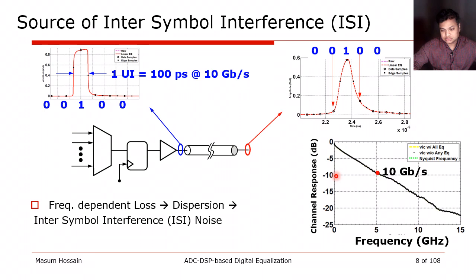In fact, if we try to send 10 gigabit per second data, we have to compensate about 10 dB loss at 5 gigahertz. First, we need to understand what this loss does to the transmitted bit stream. An intuitive way to understand that is to send a single bit response, a 00100 stream, that is generated by serializing lower data streams.